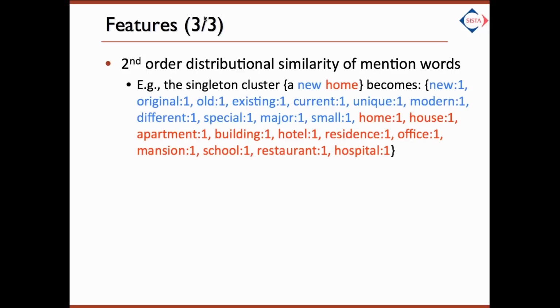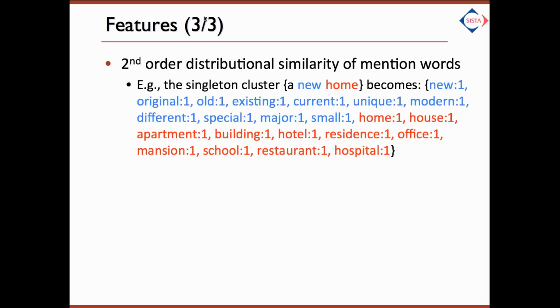I don't know if you guys know what distribution similarity is, but basically the main idea is if two words have the same context, they are most likely related. Right? So he came up with a metric to measure how related words are by measuring the similarity of their contexts.